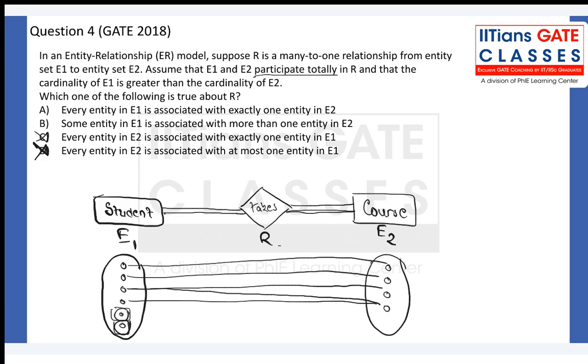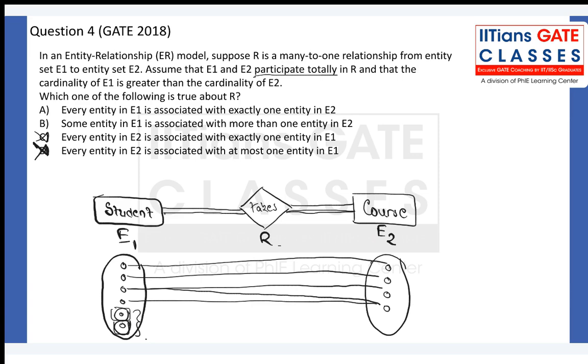Why not? What is the problem? You are correct, but why not? The same reason, right? These two are not associated with any element in E2, so you have to make sure these two elements are associated as well.